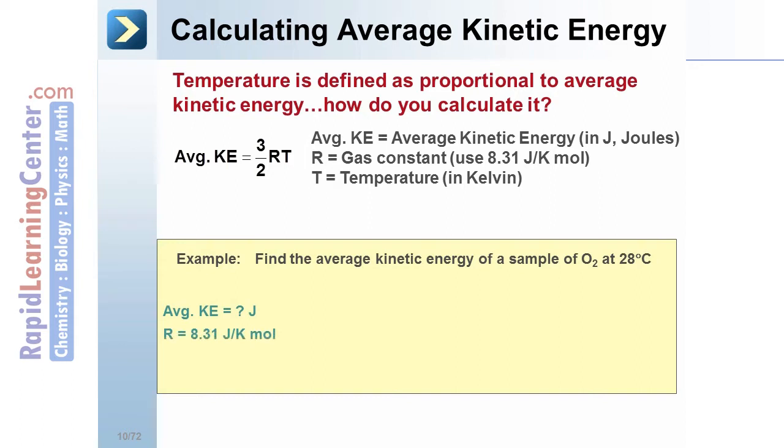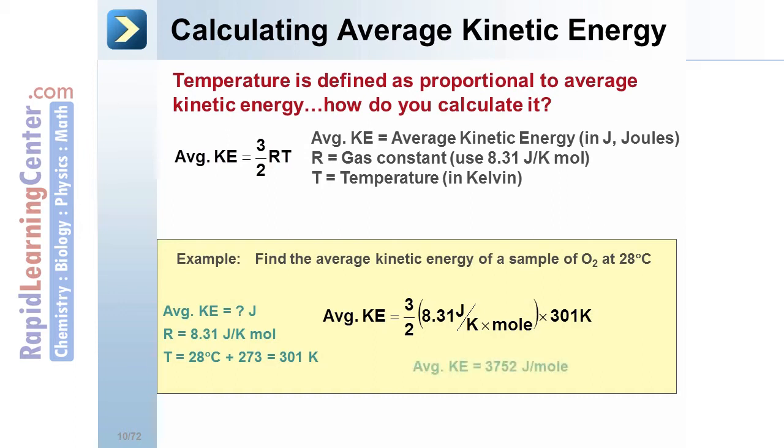We either know or can look up the gas constant, and we'll change our Celsius temperature into Kelvin. We get 301 Kelvin. A little more on this later. Applying this to our formula, substituting, we get an average kinetic energy of 3,752 joules per mole.